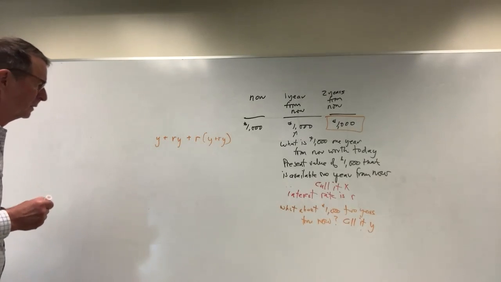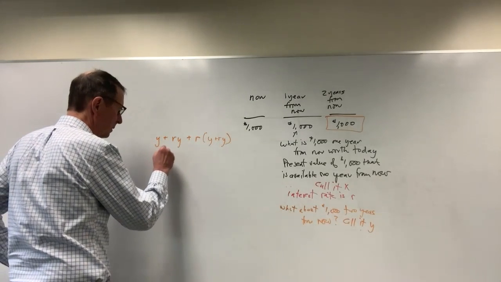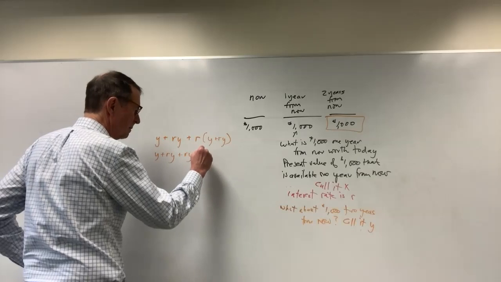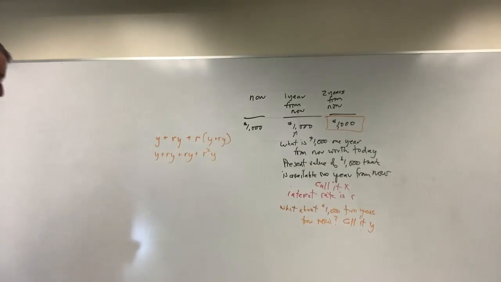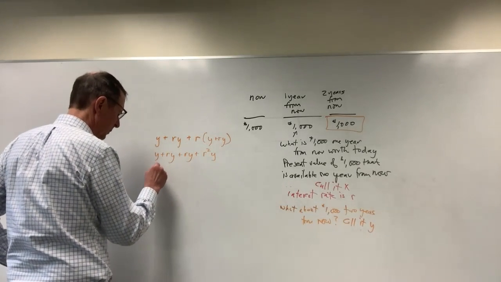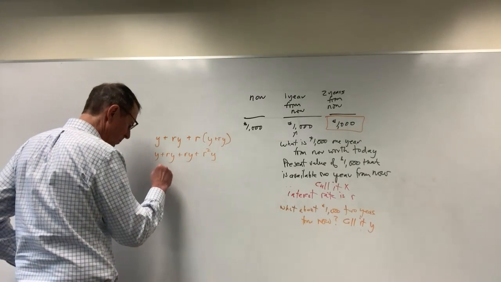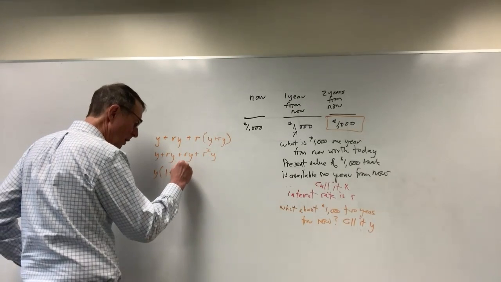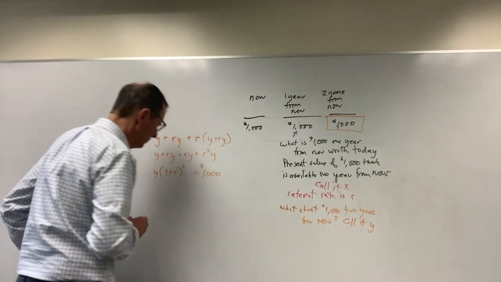And if you just work that out, you're going to end up with Y times (1 plus R) squared equaling $1,000.